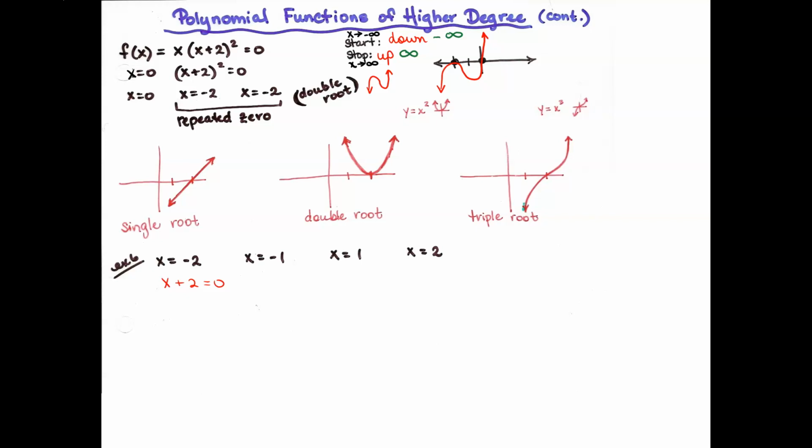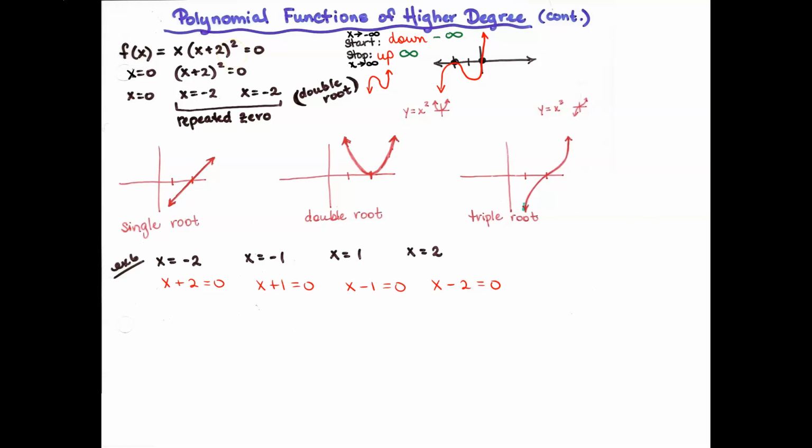What would the factor form of x equals -1 be? X plus 1. How about x equals 1? X minus 1. And how about x equals 2? X minus 2. All right, so there's their factor forms. Then you'll notice, if we're working backwards on this problem up here, that we wrote it in its factor form and then we strung all the factors together and set them equal to 0.